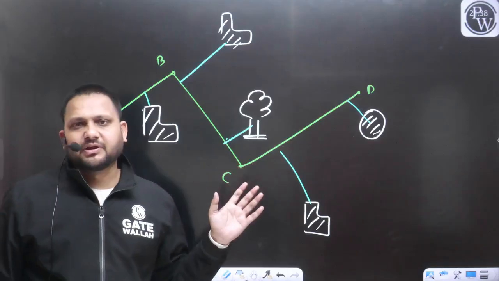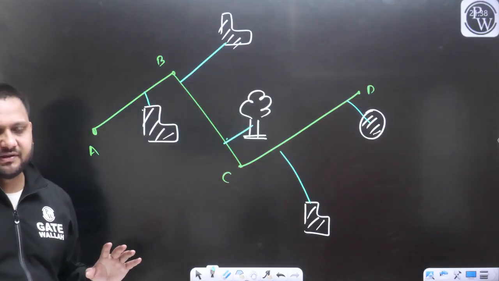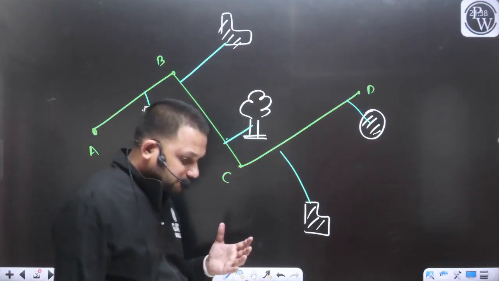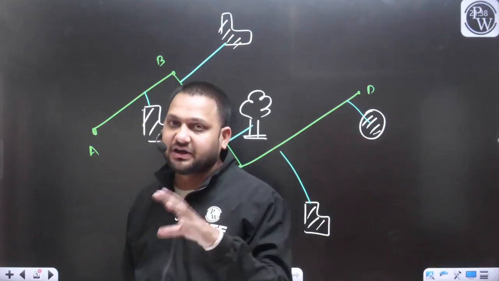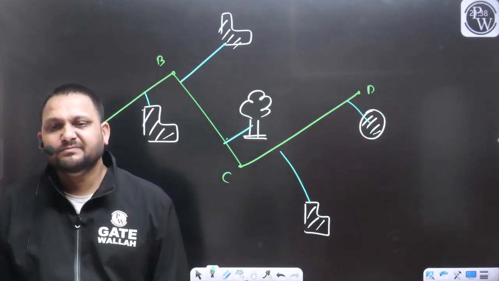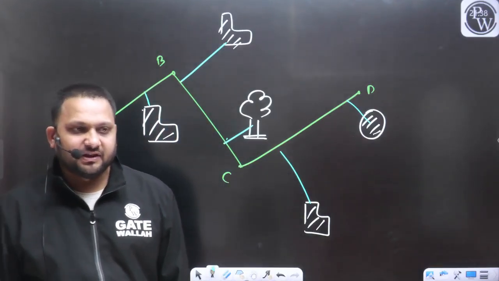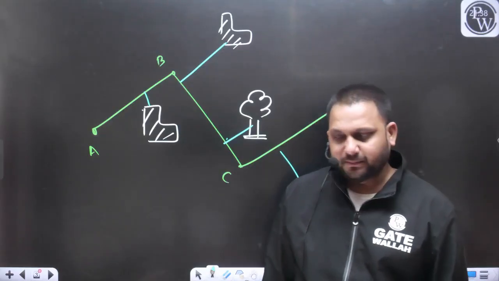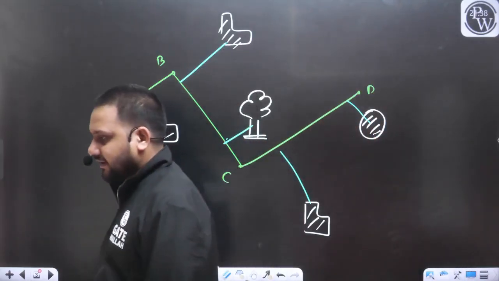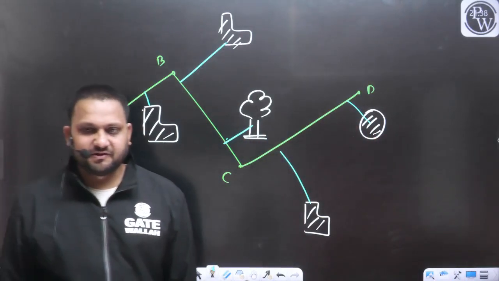With the radiation method, intersection method, and traversing method, we were interested in plotting the detail of the features. That's why we said the first three methods have the same objective, and the fourth method, the resection, has a different objective.